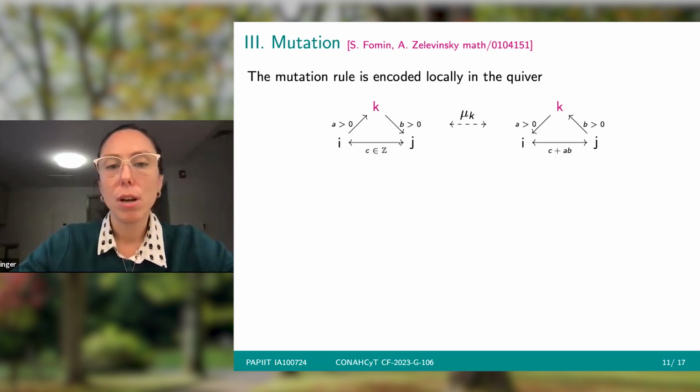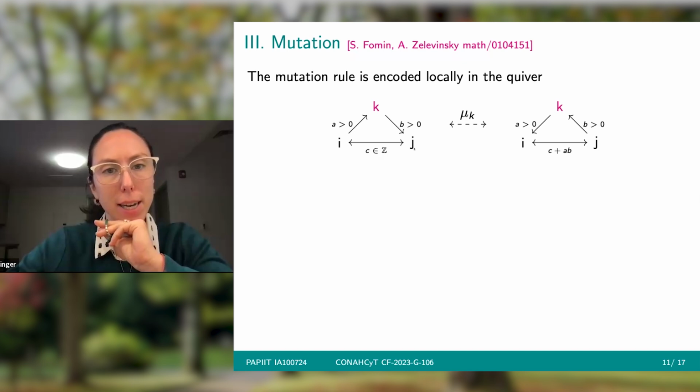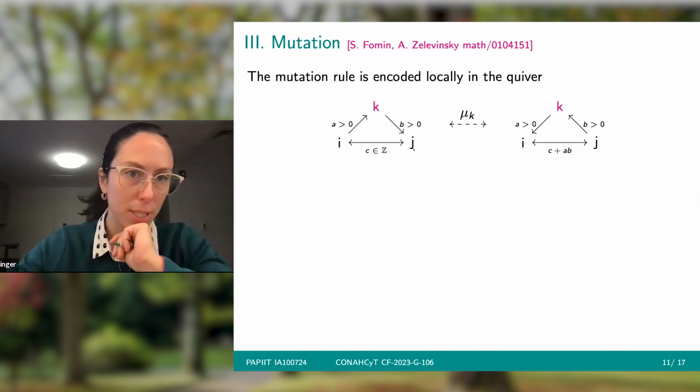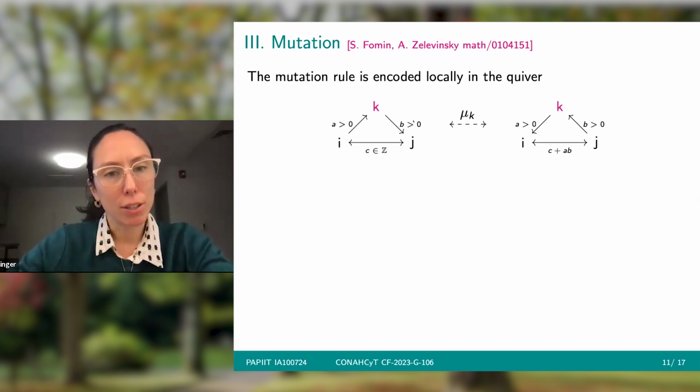So here, my notation is that C would be the number of arrows from I to J, but C could be negative, which would represent arrows from J to I. And then I would add in all these arrows, A times B many paths in this case.